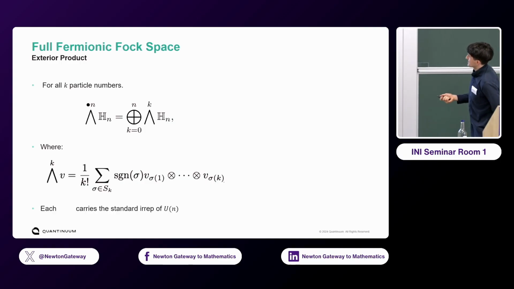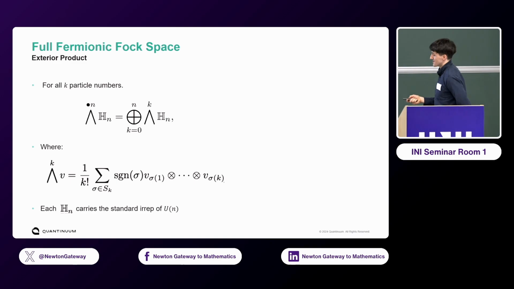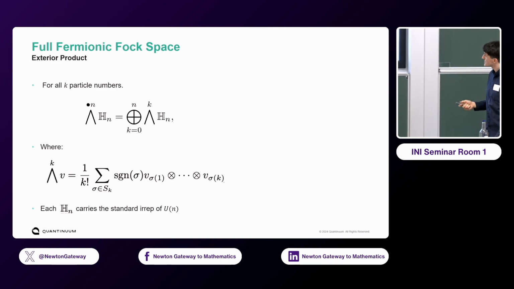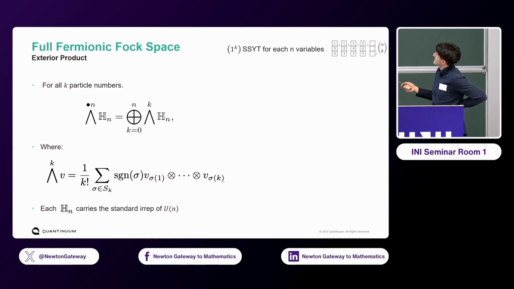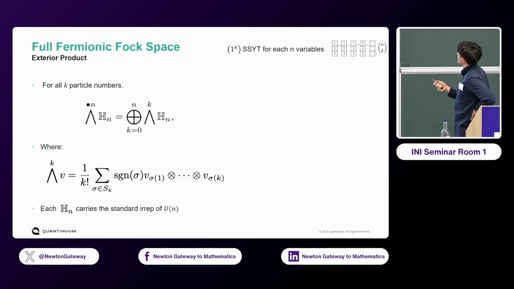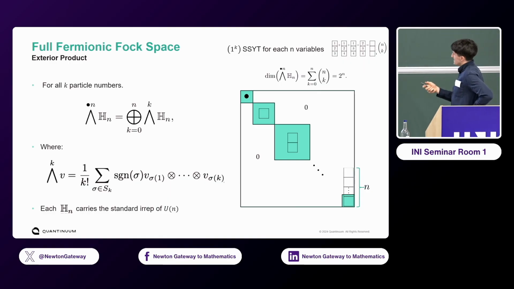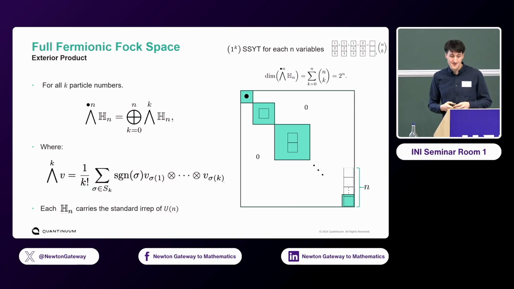Each one of these Hilbert spaces carries an n-dimensional representation, because every Hilbert space can be rotated via a unitary matrix of n by n. The dimension of these graded subspaces is related to the Schur polynomials, and you end up with n choose k dimensional subspaces within the full fermionic Fock space.